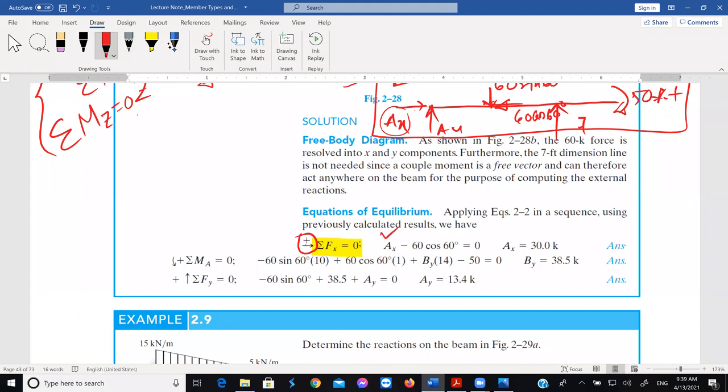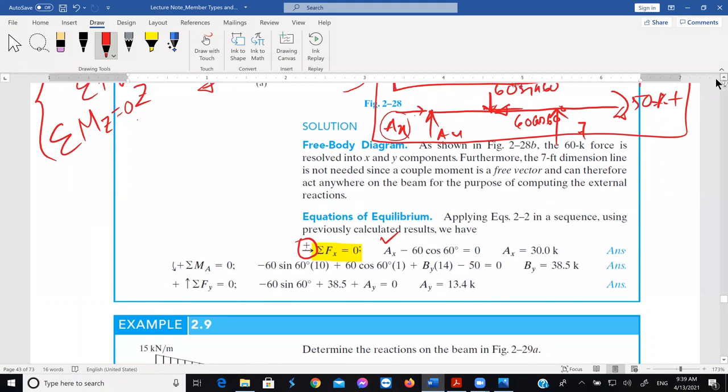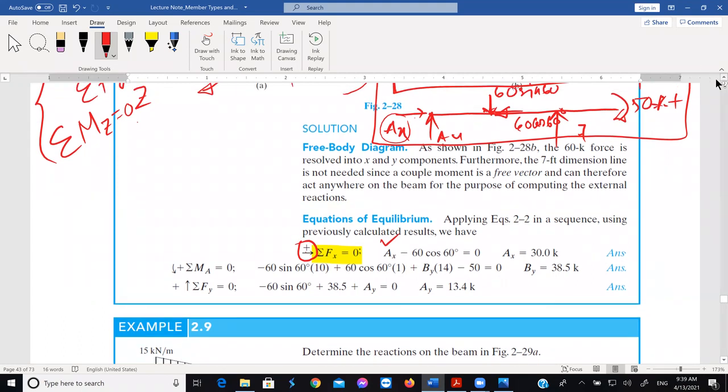And the other horizontal force acting on this member is the horizontal component of the 60 kip inclined force, and that's working in the leftward direction, so that's negative. And we must sum algebraically. Arithmetic sum means you just add them up, but algebraic means you consider the sign, that means the direction of the force.